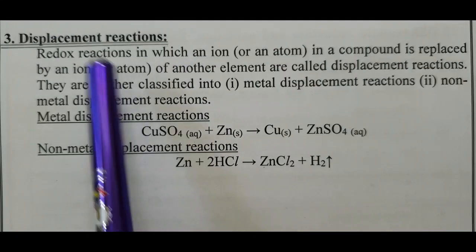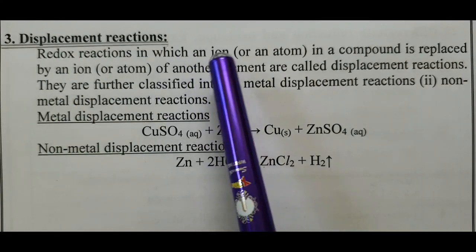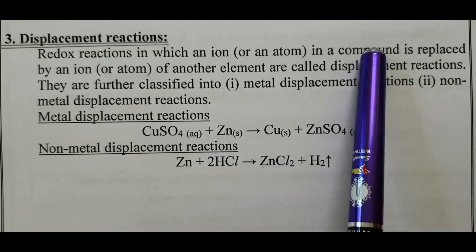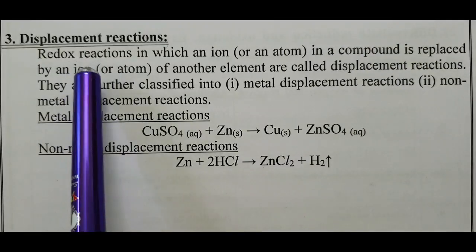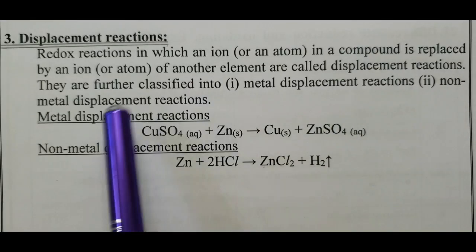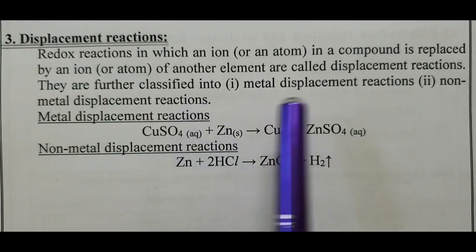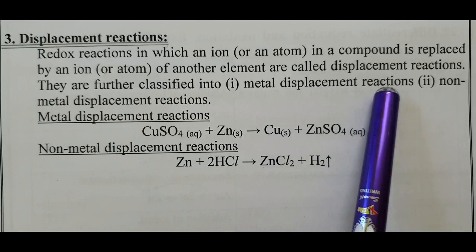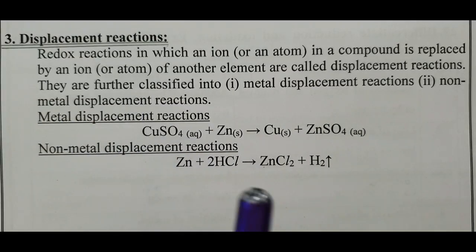Displacement reactions. Redox reactions in which an ion or an atom in a compound is replaced by an ion or atom of another element are called displacement reactions. These are classified into metal displacement reactions and non-metal displacement reactions.